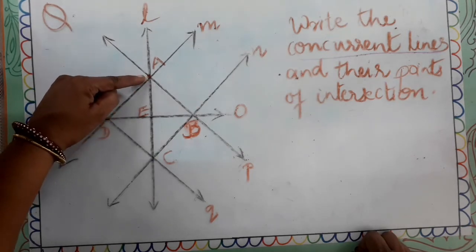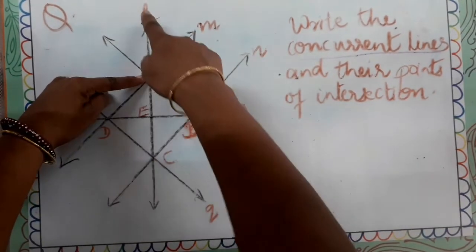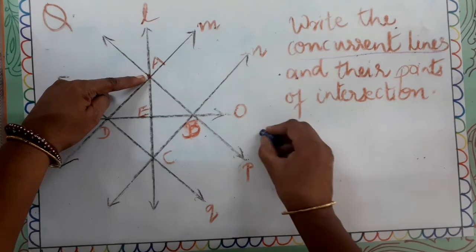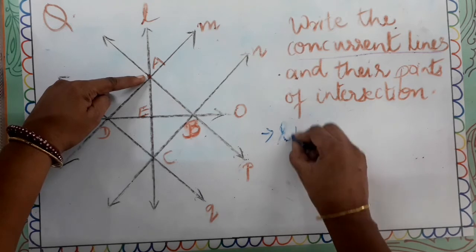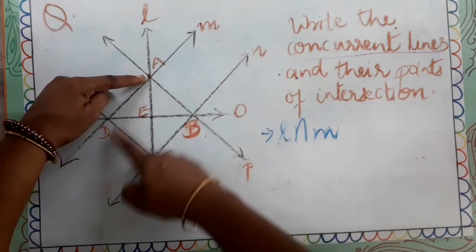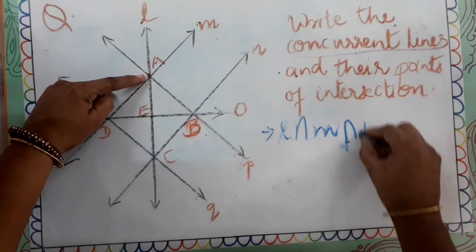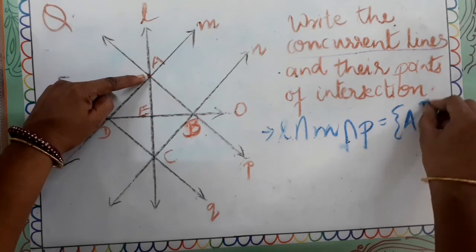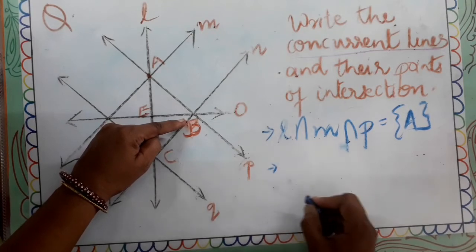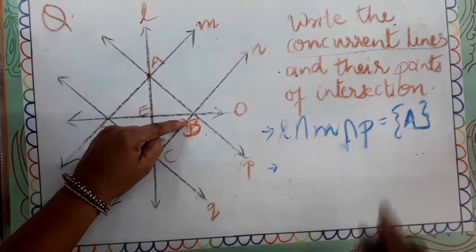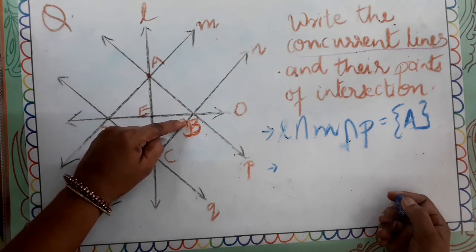If I see point A, then here this is line P, this is line L and this is line M. So one of the possibilities, I can write as line L intersects line M intersects line P at point A. Similarly, if I go for this point of intersection, or should I say point of concurrence, then 3 lines meet here.